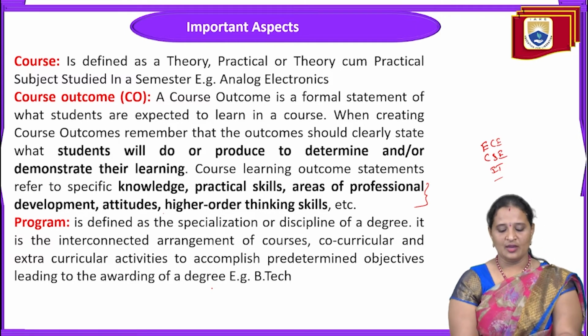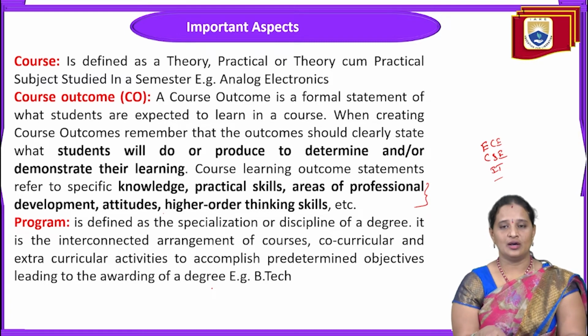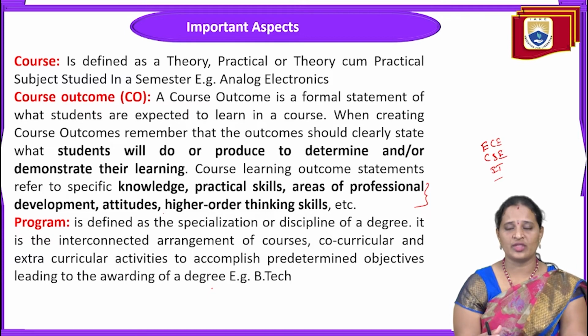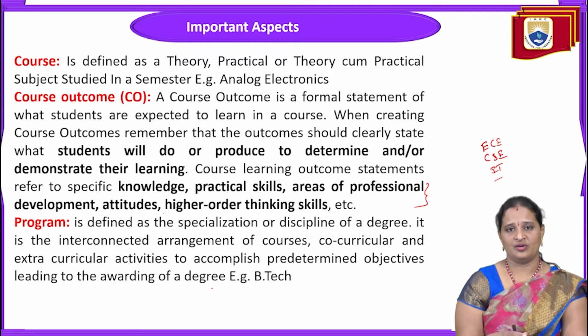So a program is a connected arrangement of not only courses he has to study, he has to undergo some co-curricular and extracurricular activities in order to improve professional skills like communication skills, and even he has to mingle with all the groups. So all these extracurricular activities will also be included in the program.